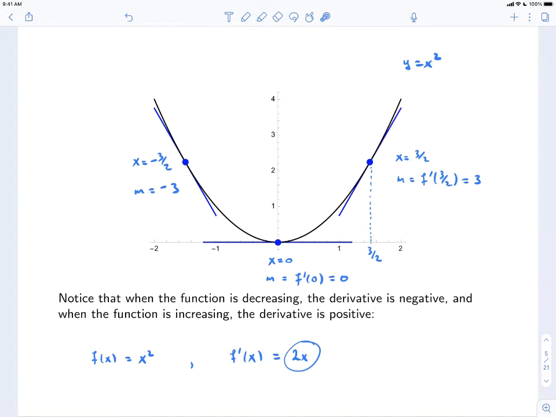This is the usual behavior. A derivative tells you something about how the function is changing. If the function is decreasing, the derivative will be negative, and if the function is increasing, the derivative will be positive.